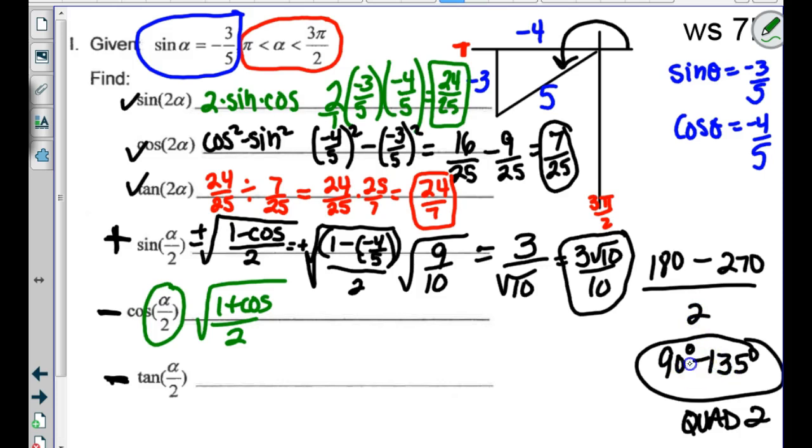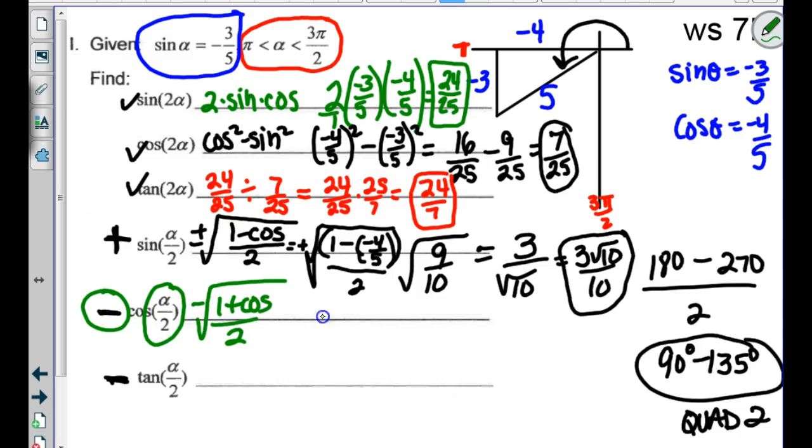So it is somewhere between 90 and 135, which is somewhere in quadrant 2. And in quadrant 2, the cosine is negative. That's why we got this negative out front here.